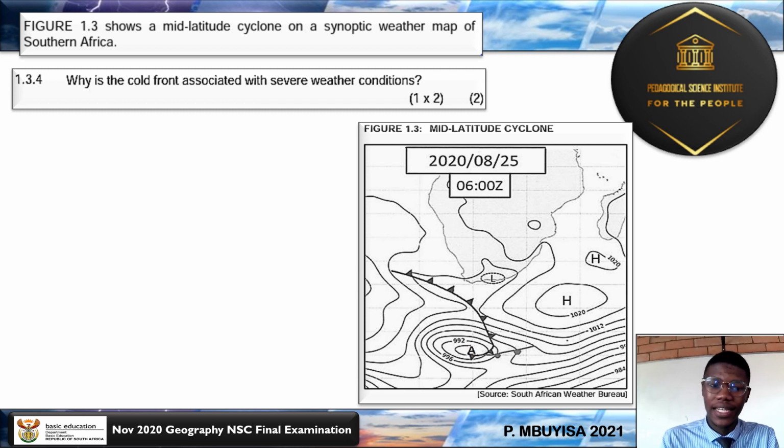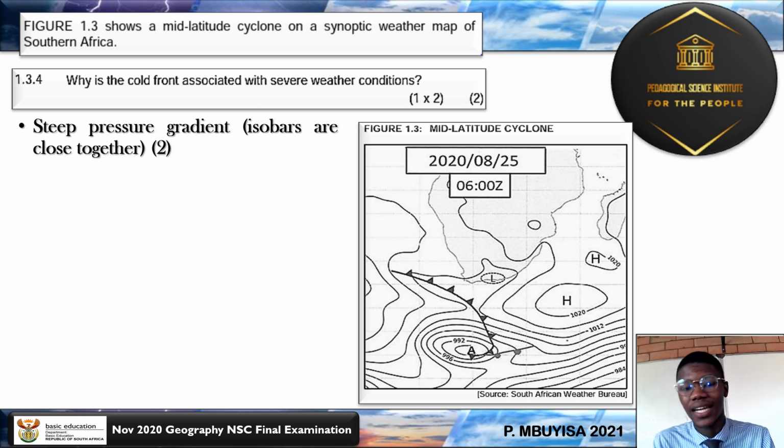So what's going to happen is that you're going to have these cold conditions. And why do you have cold conditions associated with the cold front? Number one, it's because of the steep pressure gradient.